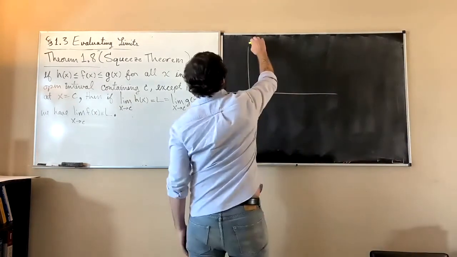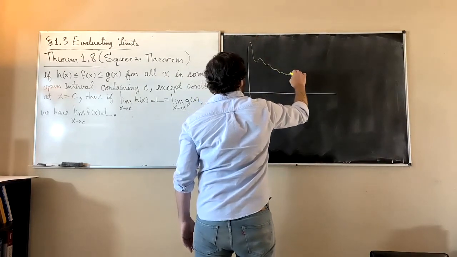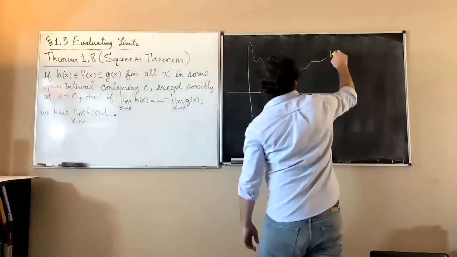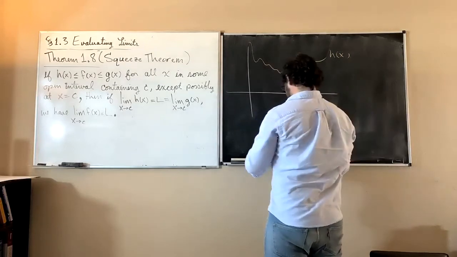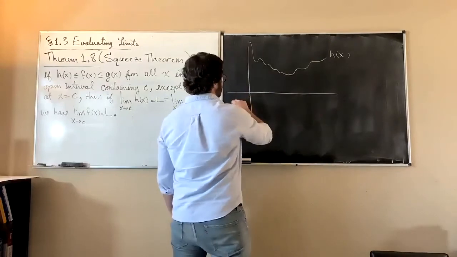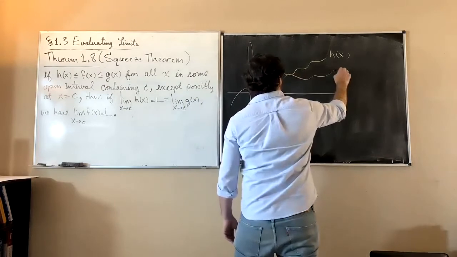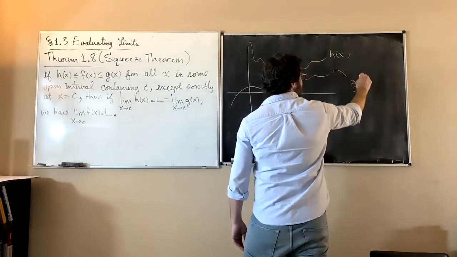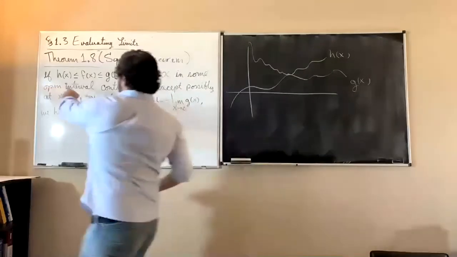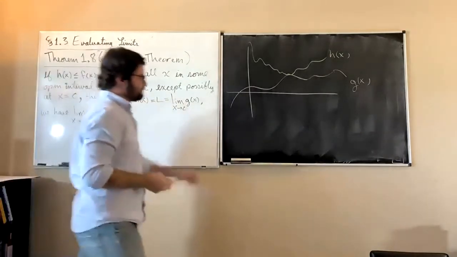So suppose this is like my h of x, and suppose this is like my g of x, and we have h of x is less than or equal to f of x, and f of x is less than or equal to g of x.